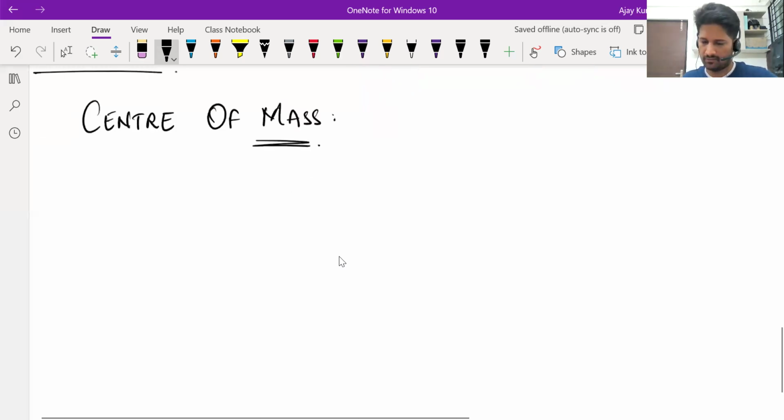So, definition of center of mass. Can any of you define it, if you have already learned?